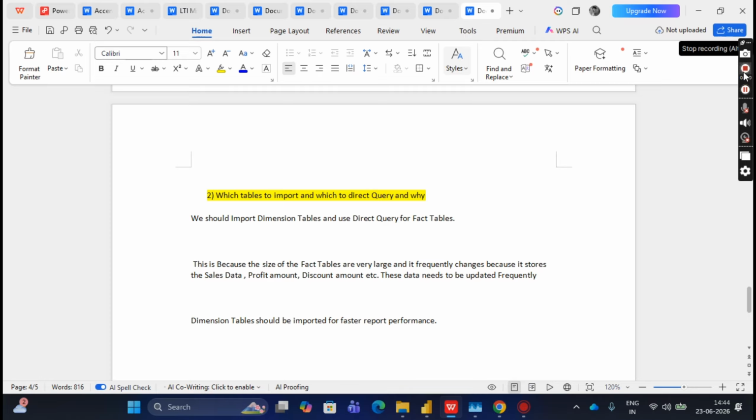Every time you click on a filter value or a slicer value, you will see a loading indicator, and it will take some time to filter the data. So that's why, for faster overall report performance, we should use import mode for dimension tables.